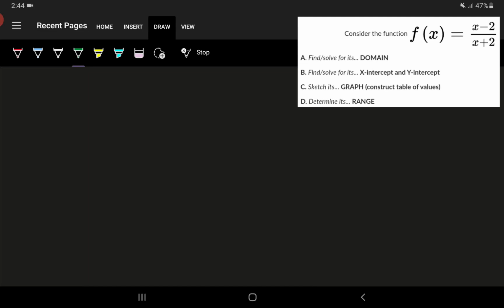The steps or key terms we can use are: number one, dear students, let's plot the zeros, also known as the intercepts. After we plot our intercepts, let's locate, or place, all of our asymptotes.